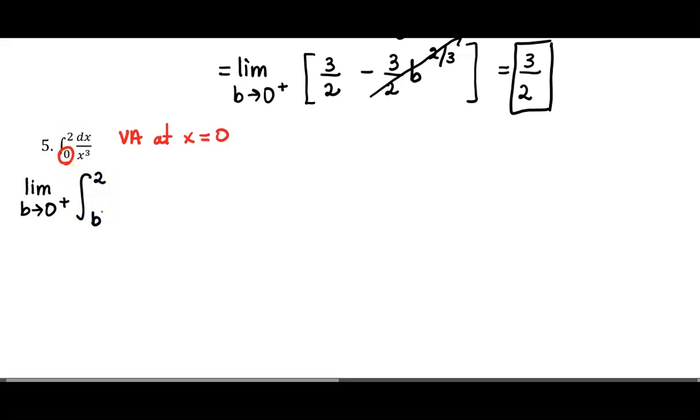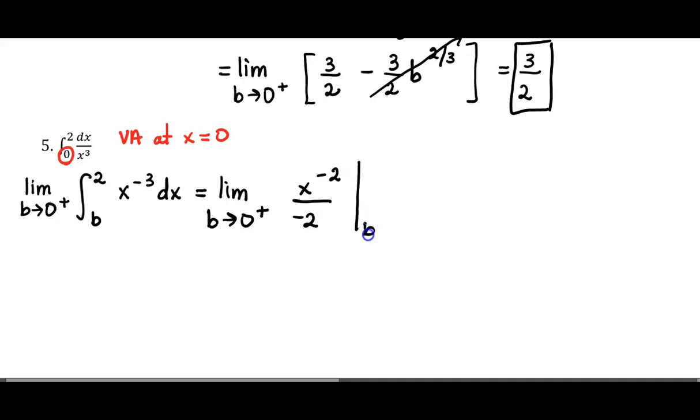I've replaced 0 with b, what we introduced the limit as, and we're integrating x to the negative 3. Don't drop the limit, not until you apply it. Increase your exponent by 1 and divide by your new exponent. And we're going to get ready to apply the fundamental theorem of calculus now.